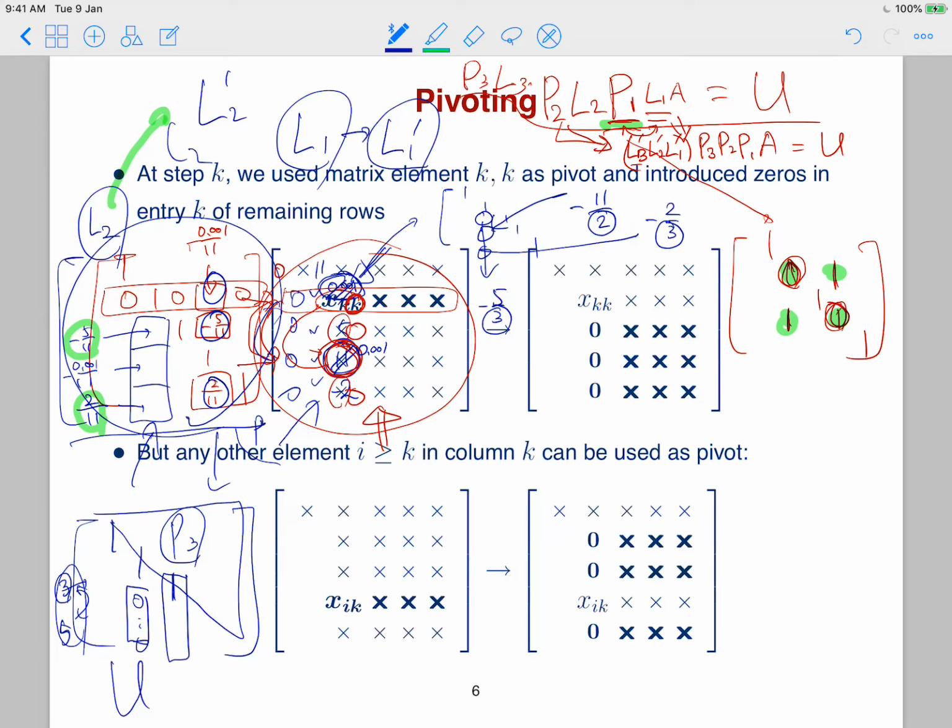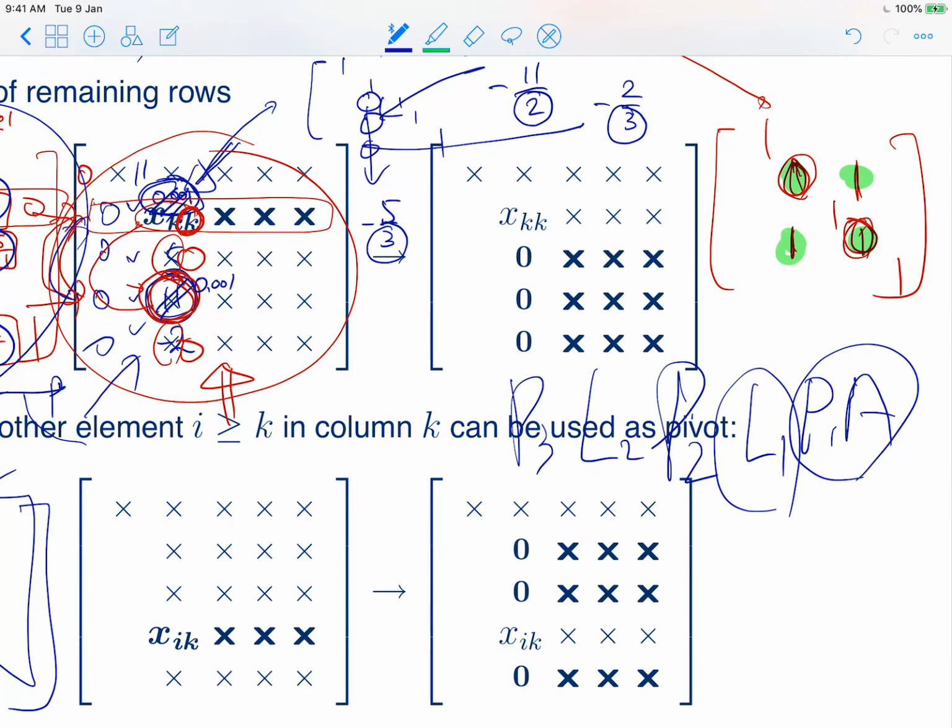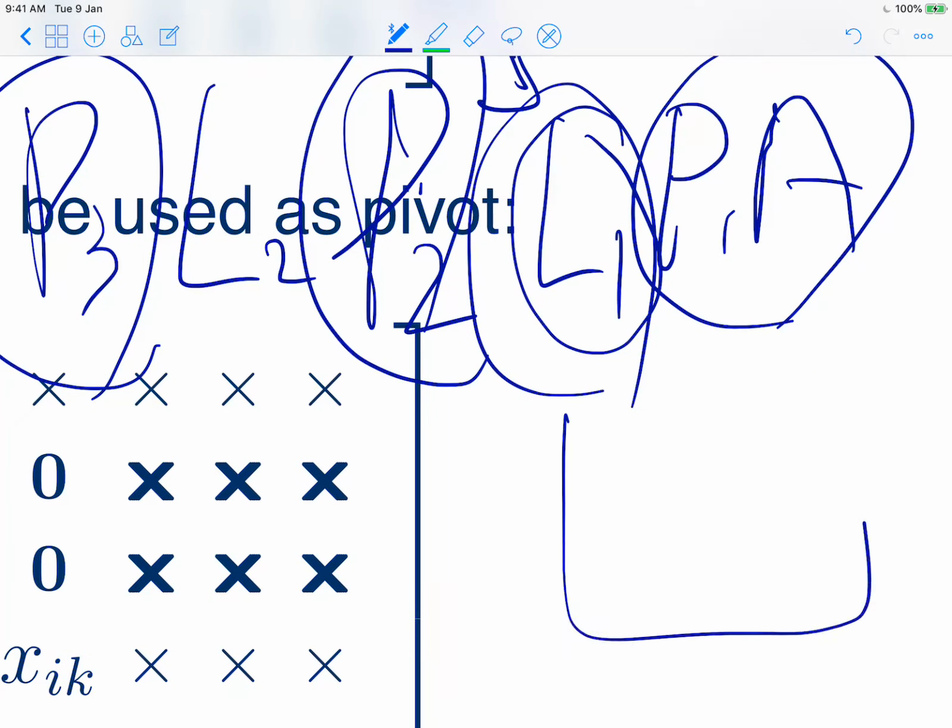L1 is the first L matrix that is applied to the permuted version of the original matrix, right? So A and P1, and given this permuted version of the matrix, we apply L1, right? And so once obtaining L1, we will obtain P2 and L2 and P3 and so on. But during the process, given this L1, right?